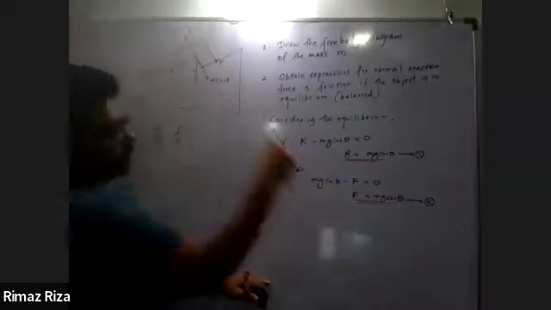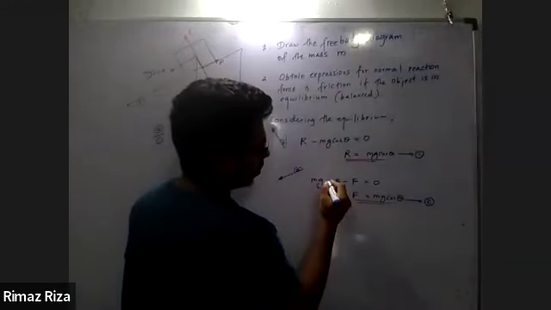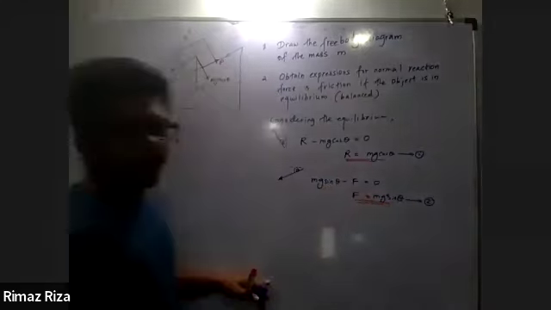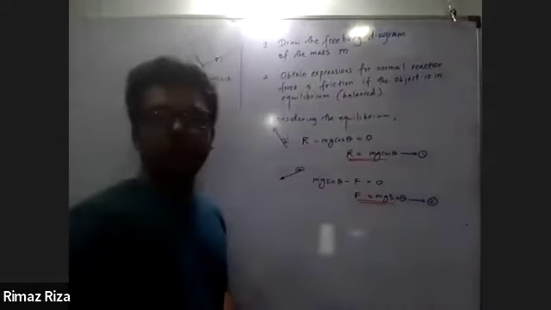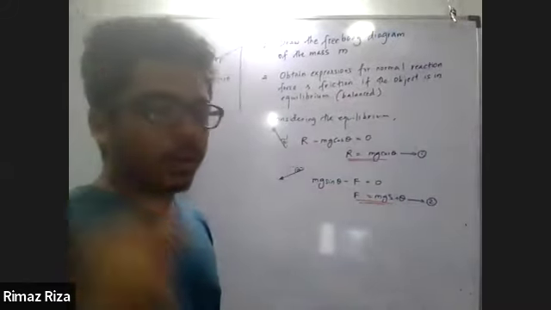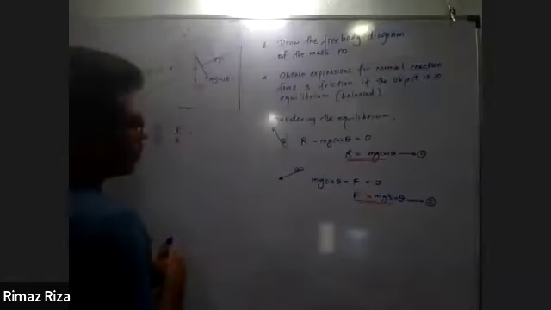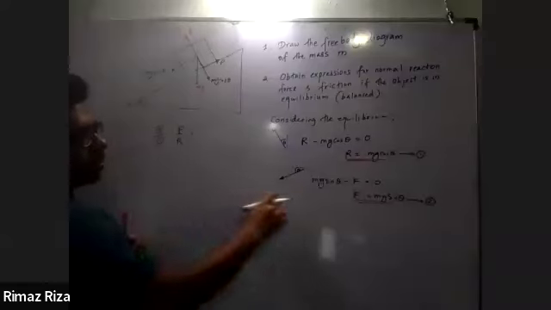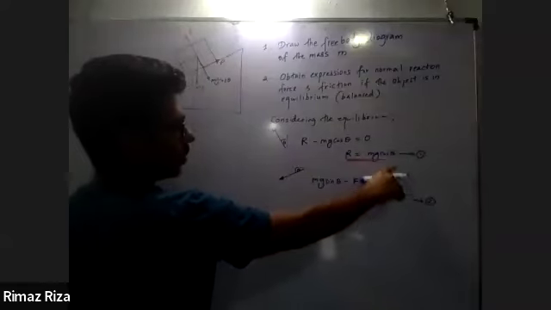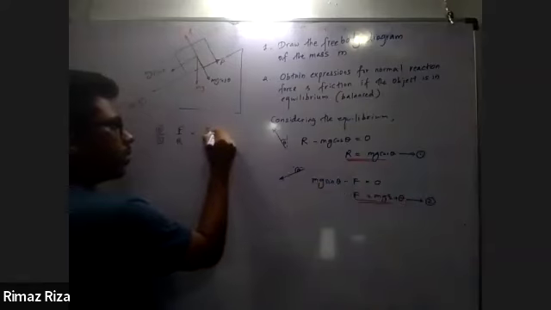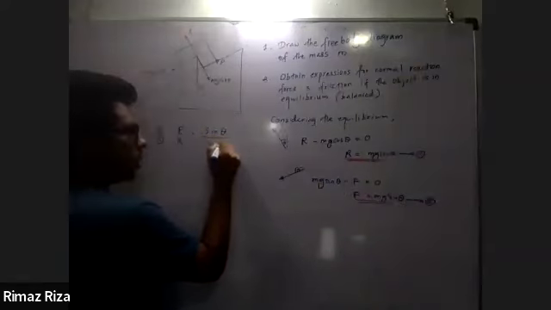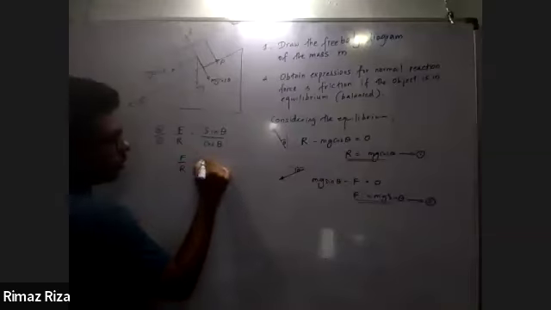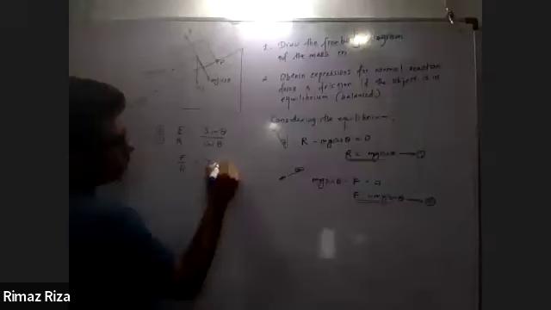Here mg sin theta, this one mg sin theta. Okay, please correct me if I made any mistake. F over R equals, so mg and mg cancel, so we get sin theta divided by cos theta. Therefore, F over R is equal to tan theta.